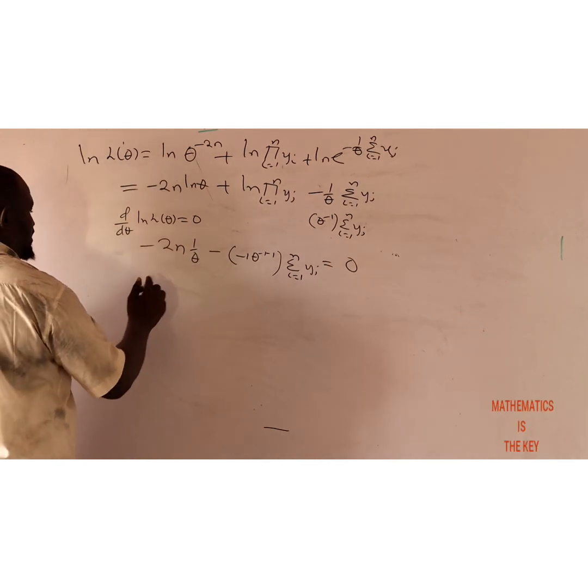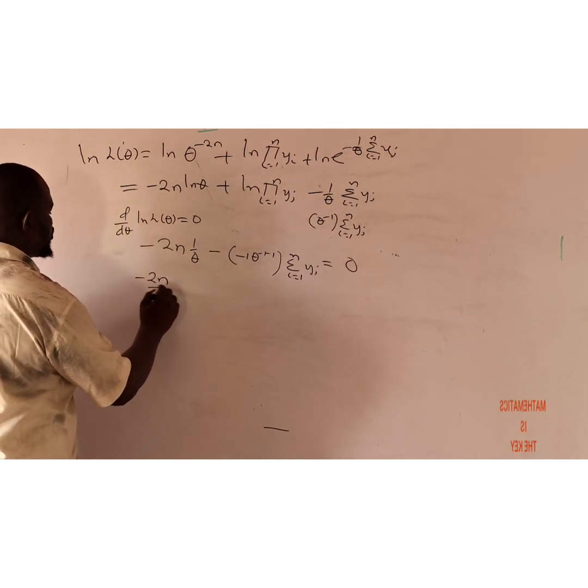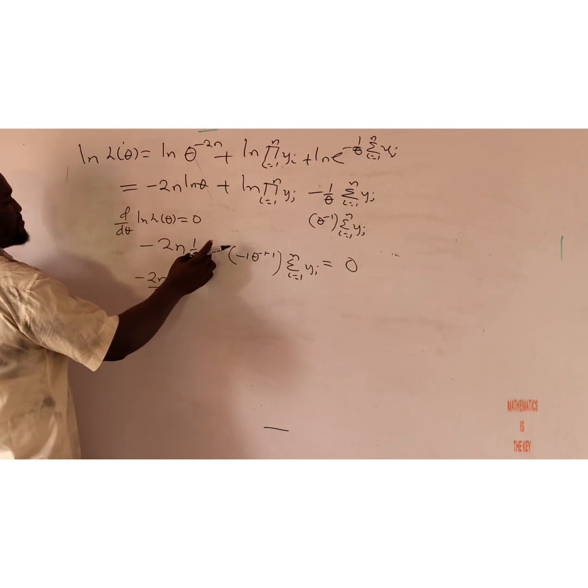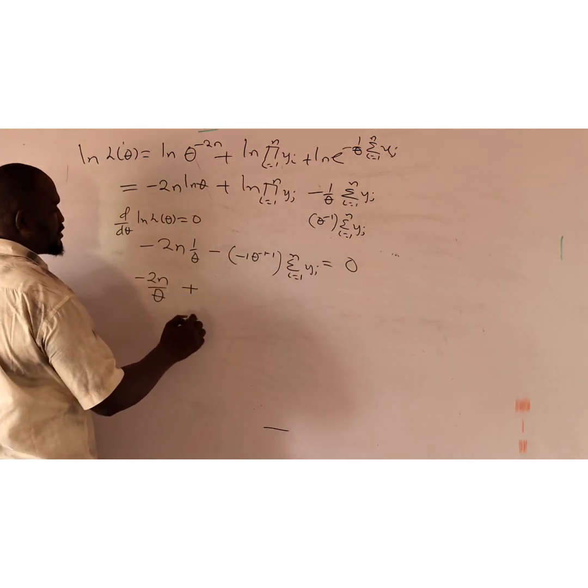Simplifying this further, we'll have minus 2n over theta. Here, minus minus becomes plus, so we have a plus.